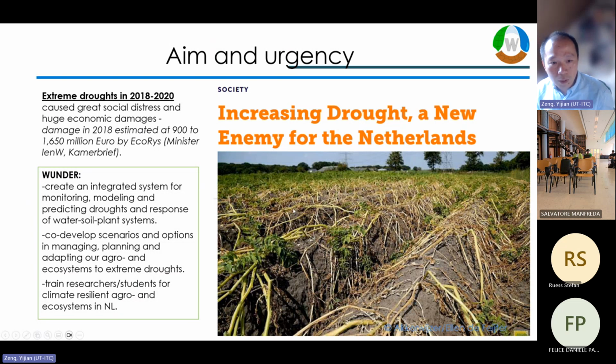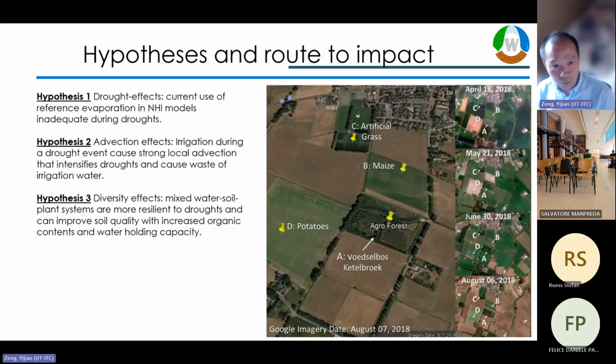To do this, we have several hypotheses, based on the current situation in the Netherlands. For example, in the right plot here, you can see one plot is very green and the other very yellow, during the 2018 drought event.